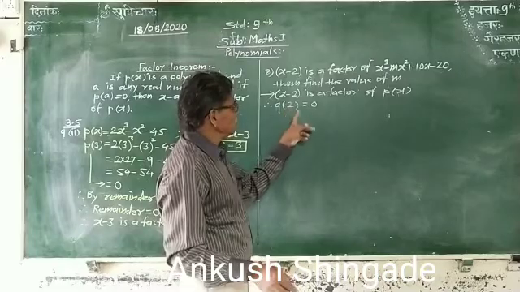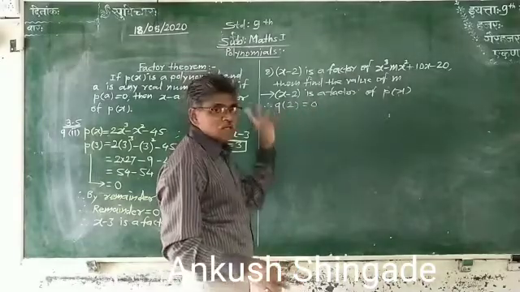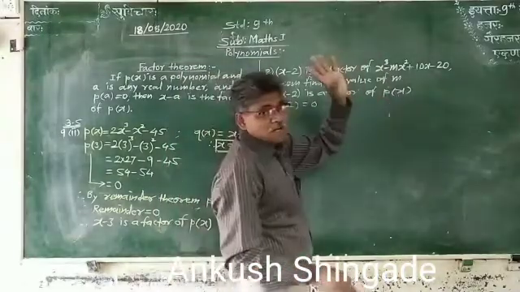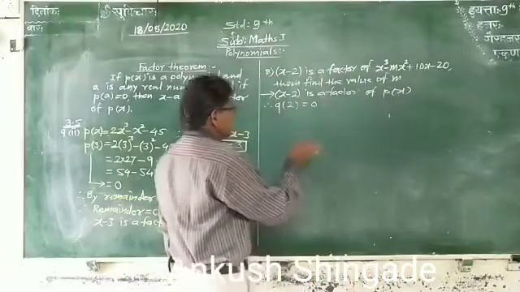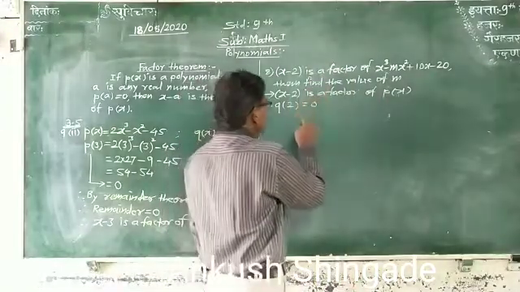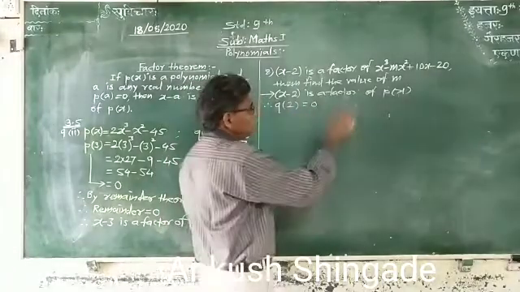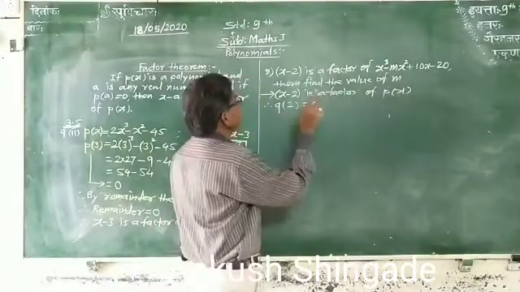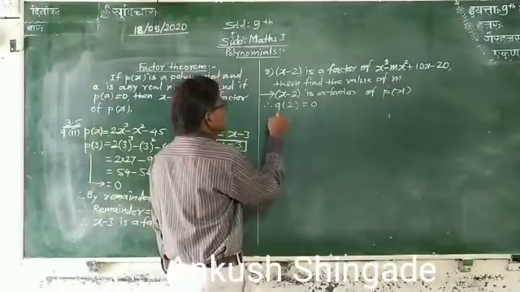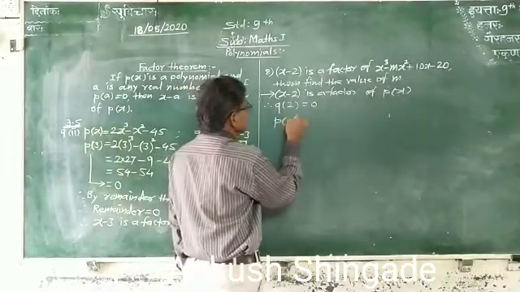So here Q2 equal to 0. Q is the divisor polynomial. P is the dividend polynomial. Here it is given that Qx is a factor of Px. That means Q2 equal to 0. Then take Px here.